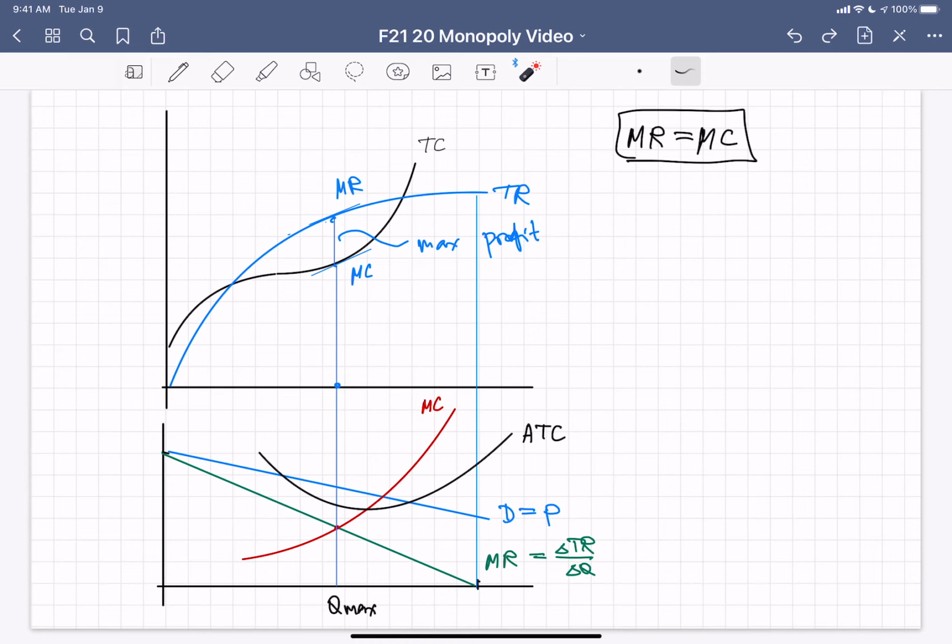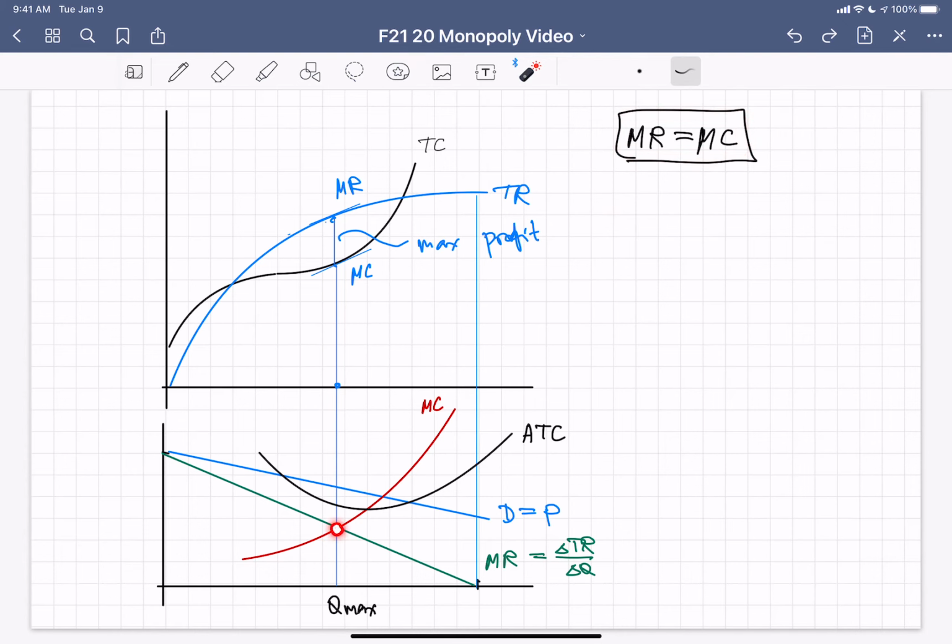And so on the lower diagram, we just need to use the same logic we used earlier when talking about a perfectly competitive company. So where is MR equals MC? Right here. So this intersection should match the profit maximizing level of output, because when you're maximizing your profit, that should be true.